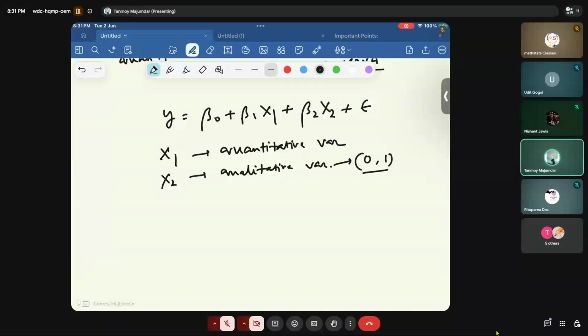Why is it not a correct approach? Because expectation of epsilon is 0 and variance of epsilon is sigma square, right? So now when we are using the multiple linear regression model, उस मॉडल में हम लोग क्या करते हैं कि variable का जो coefficient होता है वो variable के साथ ही आता है। अगर ये variable 0 और 1 होगा and somehow a particular yi contains x2 equals 0, so for that yi beta 2 is meaningless.